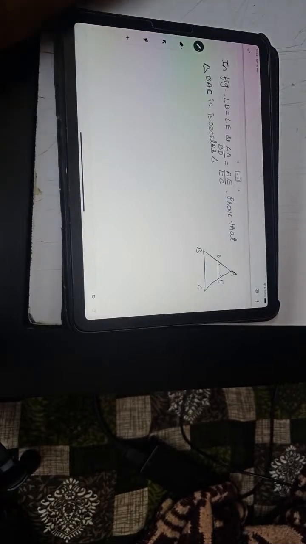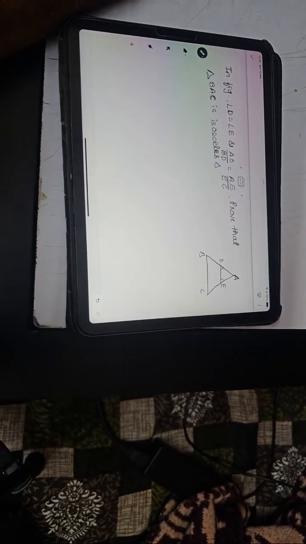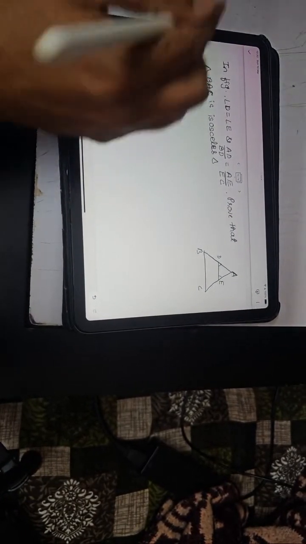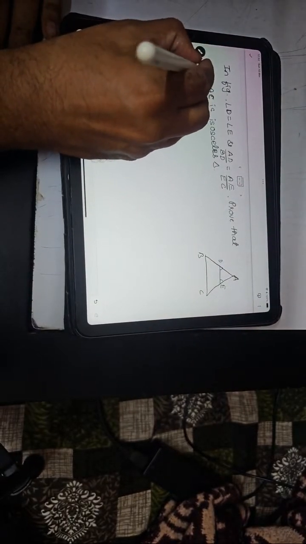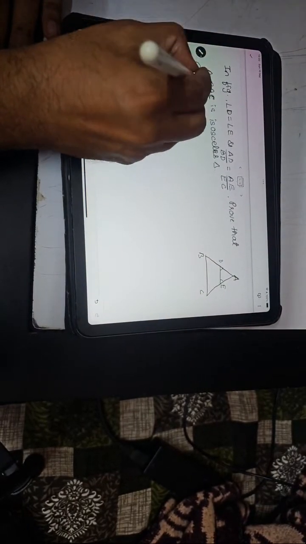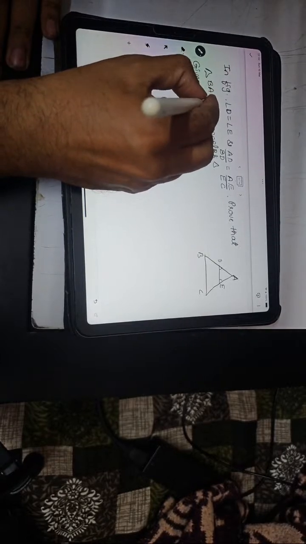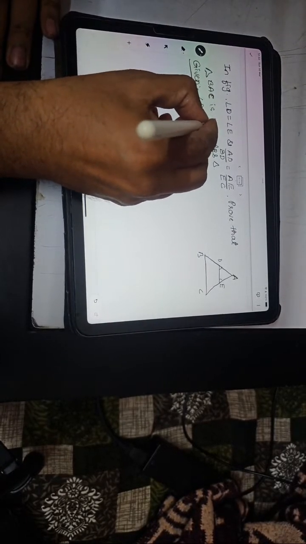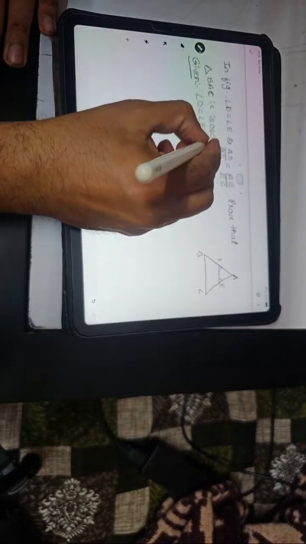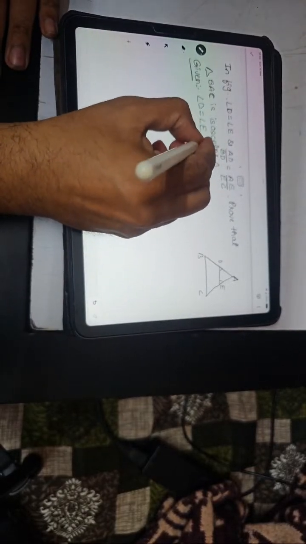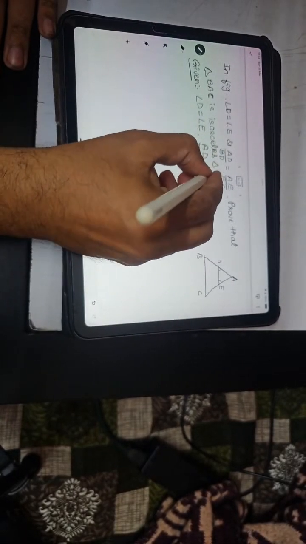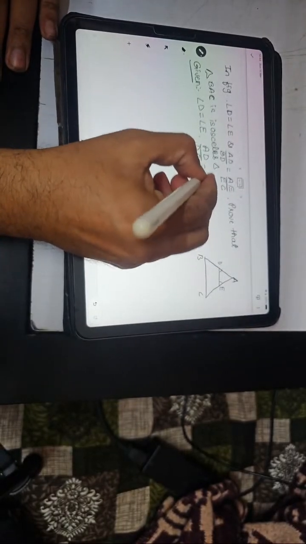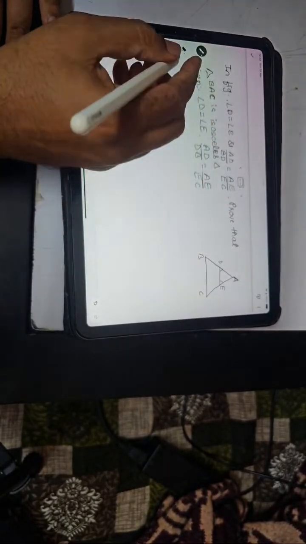So see, figure I have already shown. Now here what is given to me? Angle D equal to angle E. This is given, and the other thing AD upon DB equal to AE upon EC. So these two things are given.